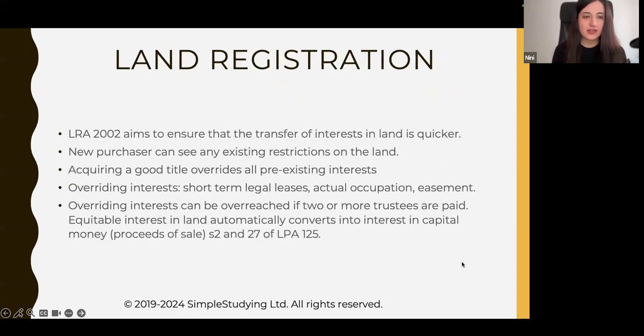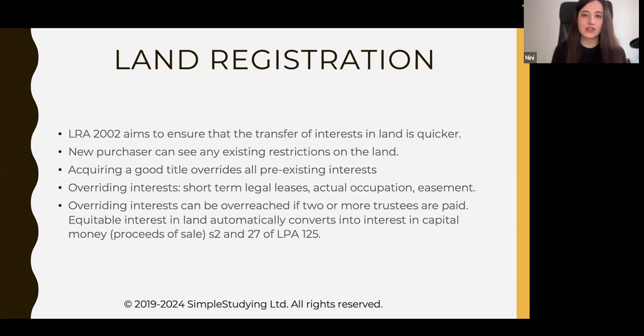Land registration, the LRA 2002, aims to ensure that the transfer of interests in land is quicker. So in 2002, a new act was passed, the Land Registration Act 2002, to make sure that interests in land are transferred quicker. New parties can see any existing restrictions on the land, even any easements or leases.